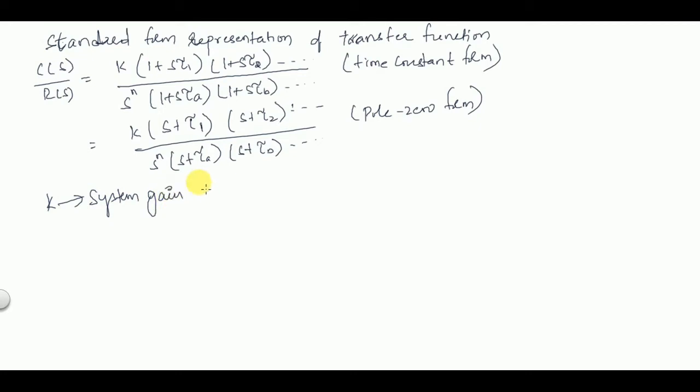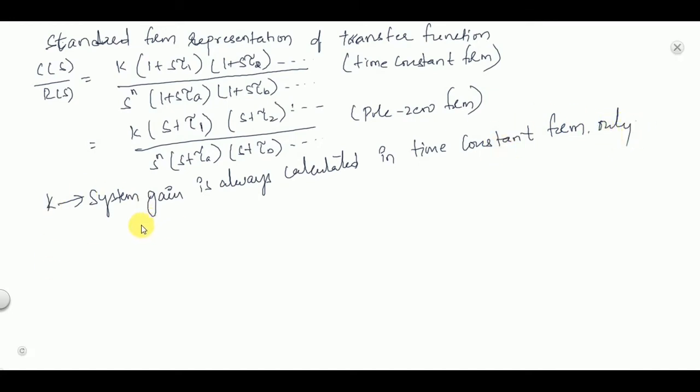The system gain is always calculated in time constant form only. So this gain is represented by this k, in time constant form only.